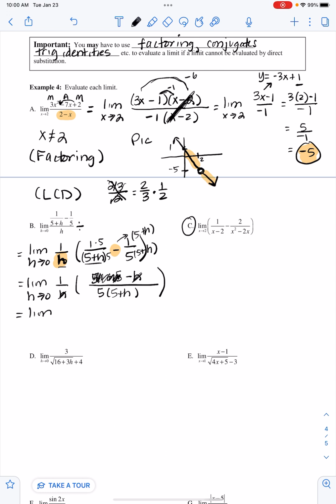So if we do a little rewriting, I'm going to get -1 all over. Okay, now I'm in a place where I won't get division by 0. So I can go ahead and plug in. So I'm going to get -1 all over 5, and then it's going to be just times 5 because of 5 plus 0. So my overall answer is -1 over 25.